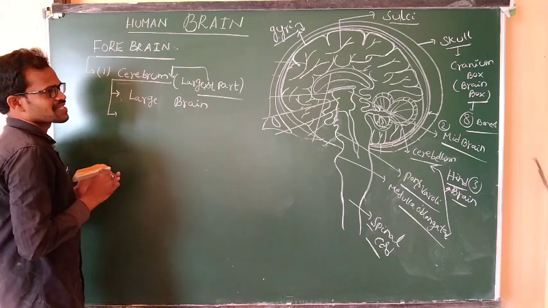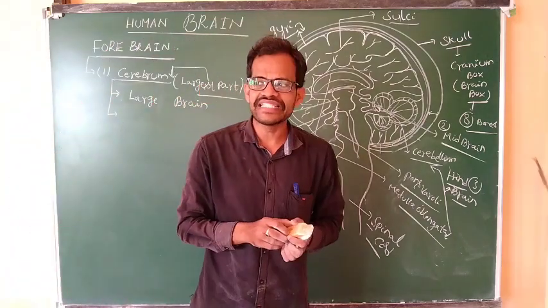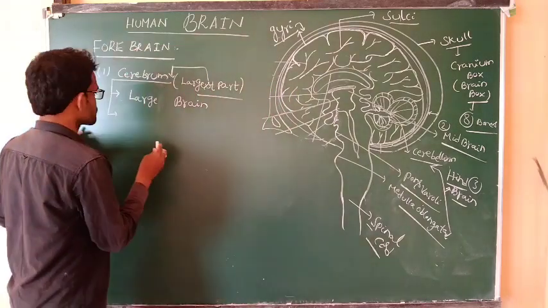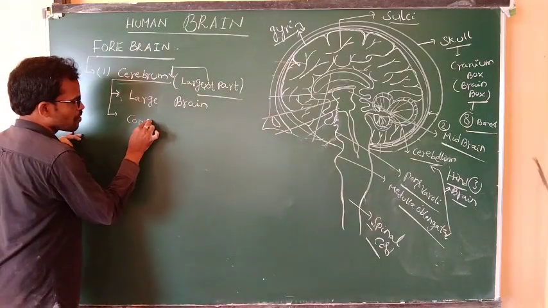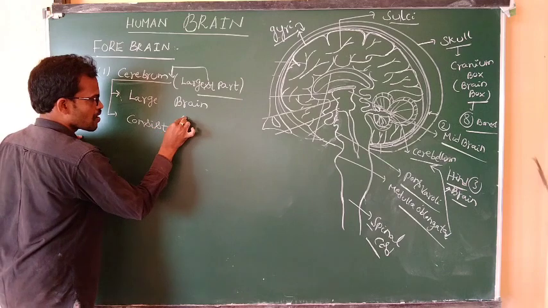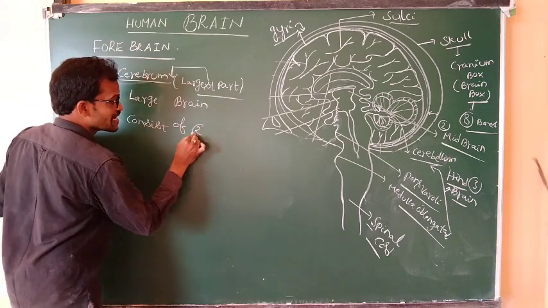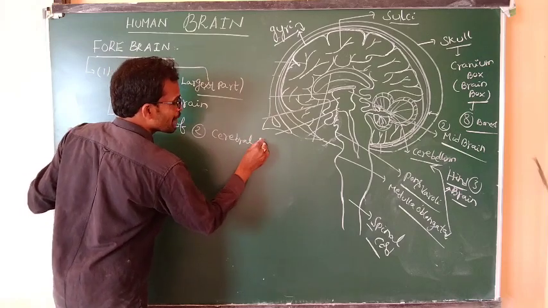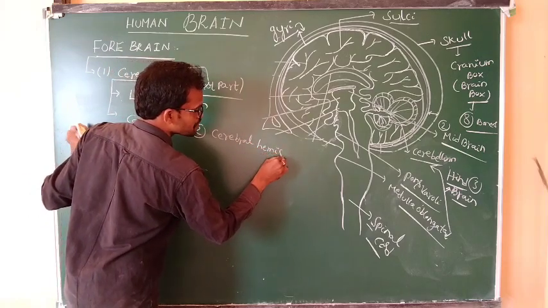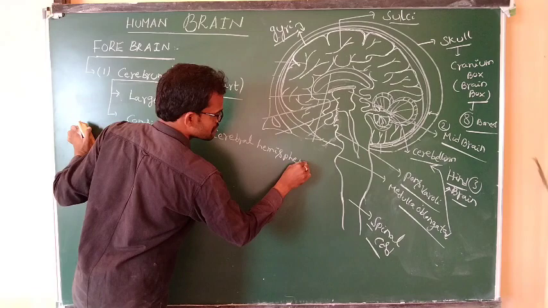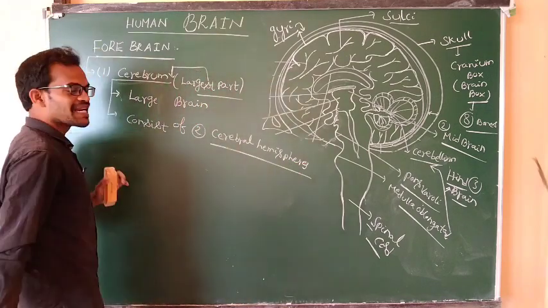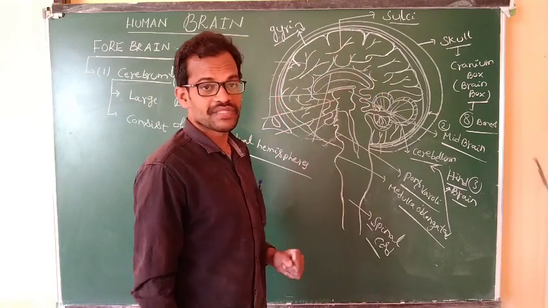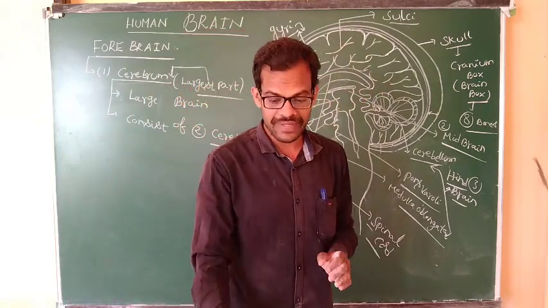The cerebrum consists of two cerebral hemispheres. See here, this entire cerebrum consists of two cerebral hemispheres.